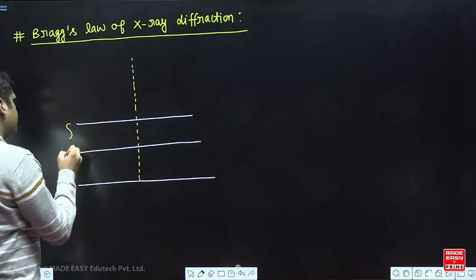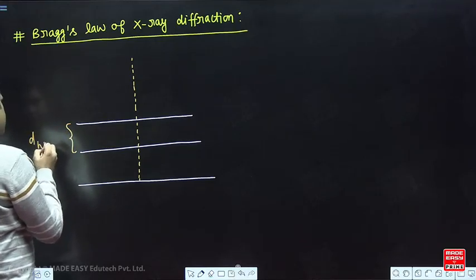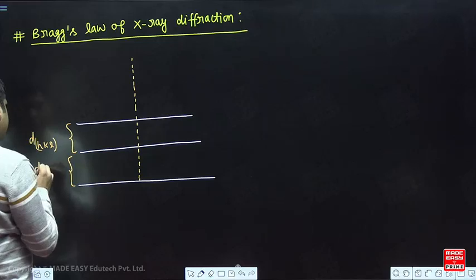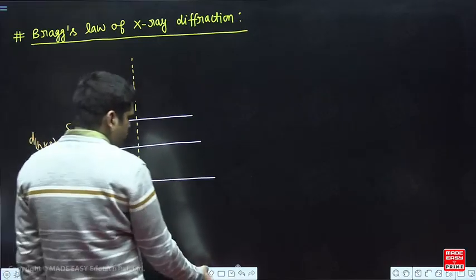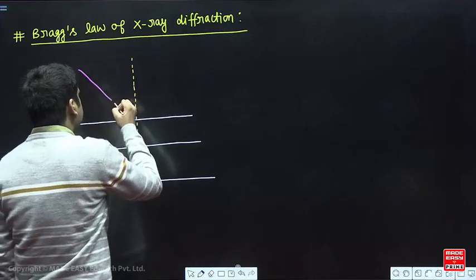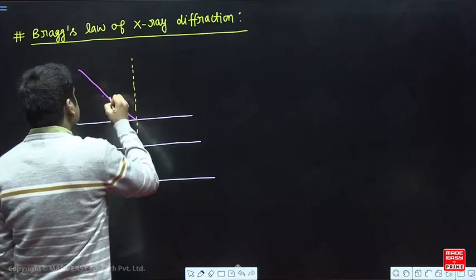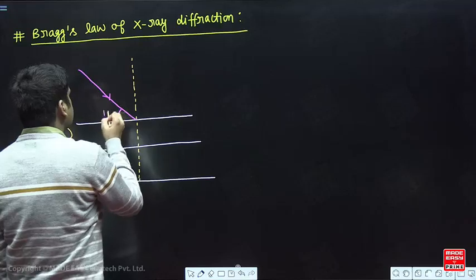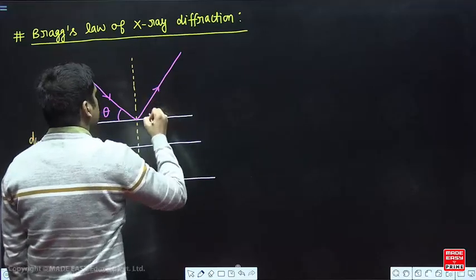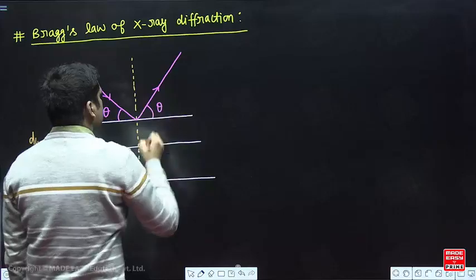We have DHKL, that is interplanar spacing, we know it. Suppose an X-ray is incident on this plane. This angle of incidence is theta. Then it may be reflected like this, and this angle will also be theta.